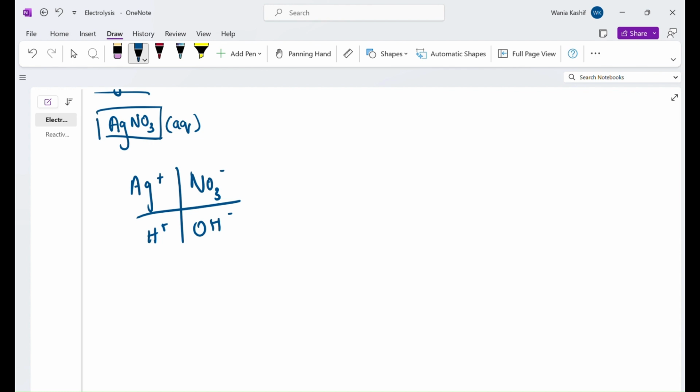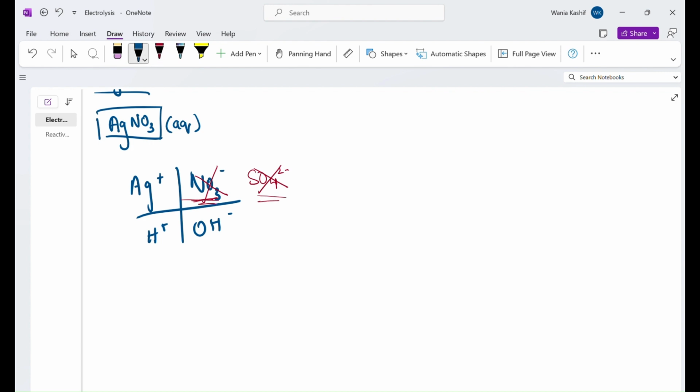Now, this is a very important point for you to remember. Spectator ions, which is nitrate as well as sulfate, they never take part in electrolysis. Under any circumstances, be it concentrated, be it dilute, you will not have these spectator ions take part in the reaction.